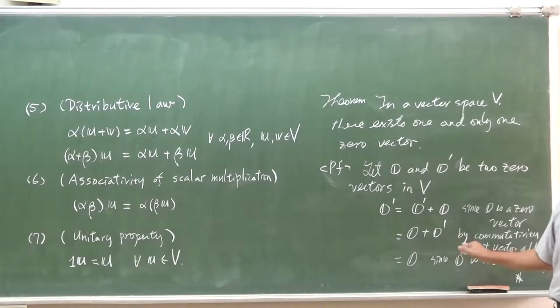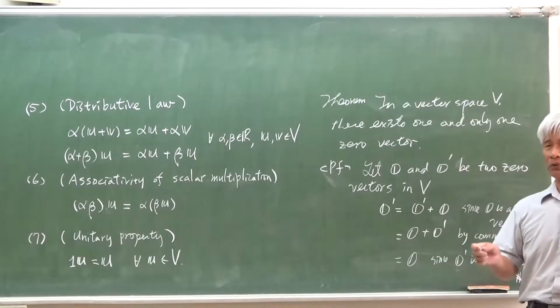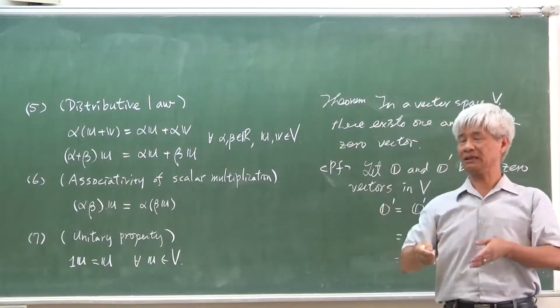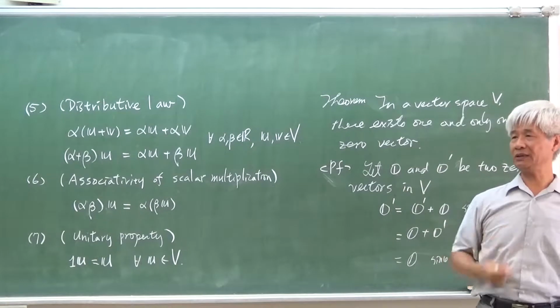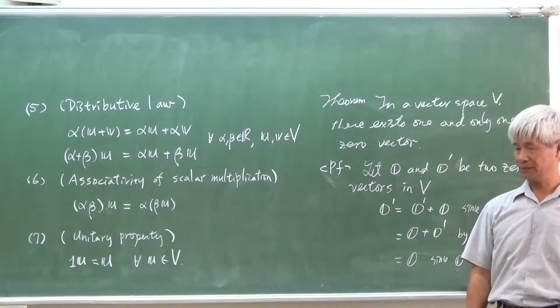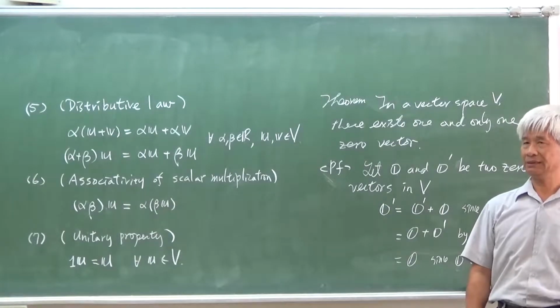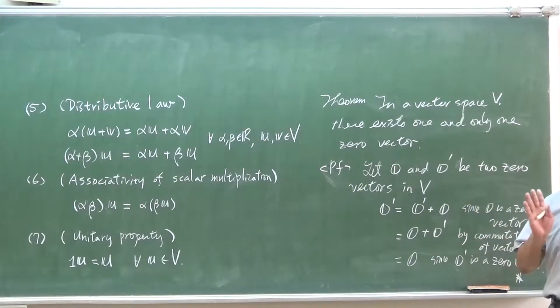Any questions about that? To see a proof like this one is just like being pushed to a cliff. One more step, you are falling down a deep valley. So you have to be very careful. No more and no less.